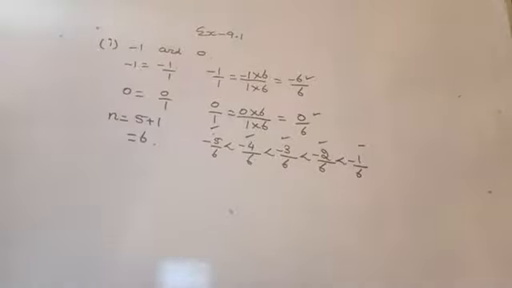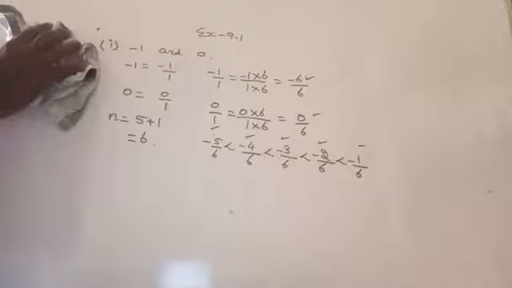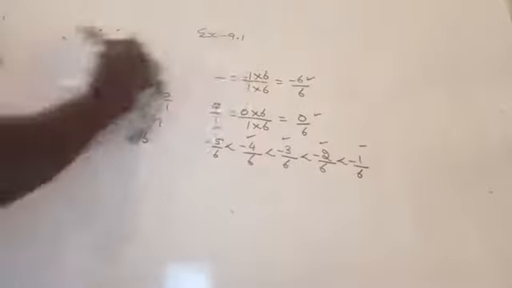A number which can be expressed in the form of p by q, where both p and q are integers and q should not be equal to 0. Shall we move to the next part? Yes.